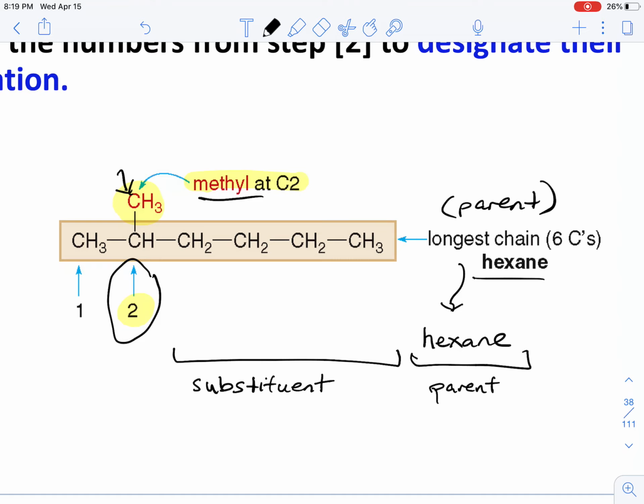And so you're going to describe the substituent using a combination of dashes and commas if need be. To translate this into the nomenclature format, you're going to put the number first, and then you're going to put a dash to separate the number from the actual name of the substituent.